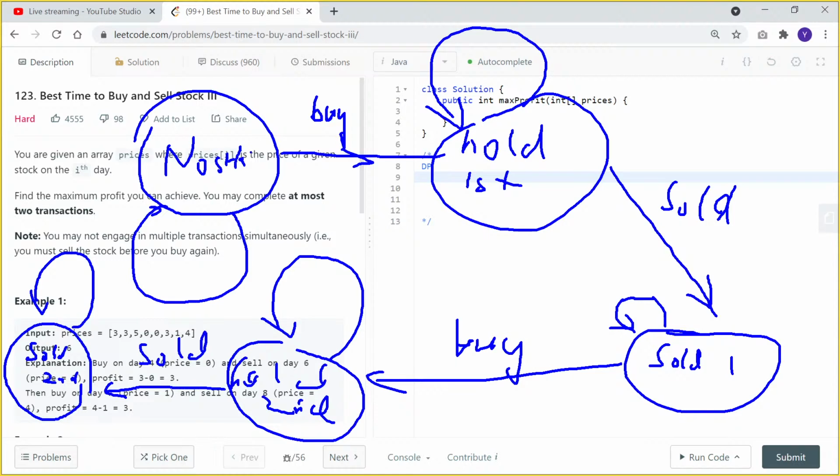It's quite clear that we have five states, so we can mark them individually by 0, 1, 2, 3, 4.